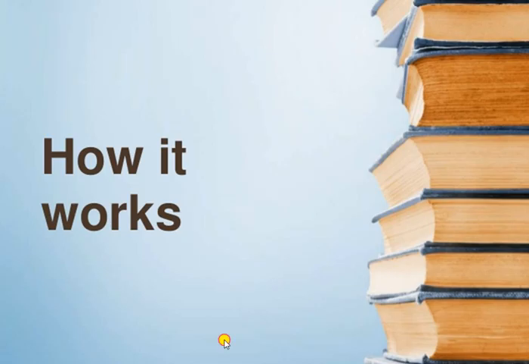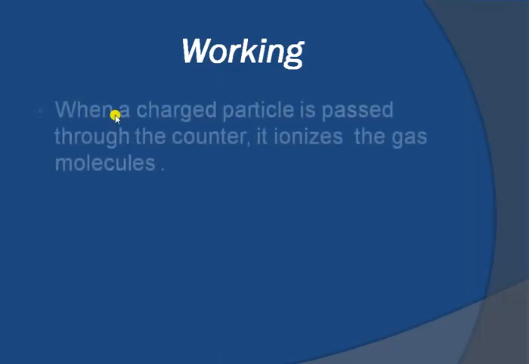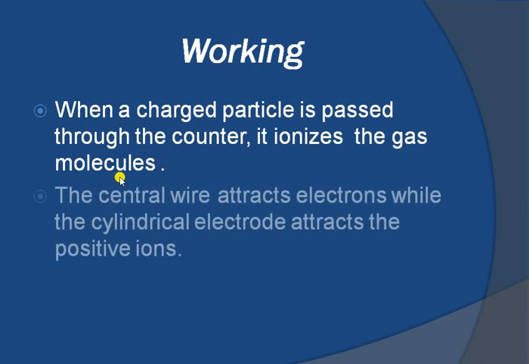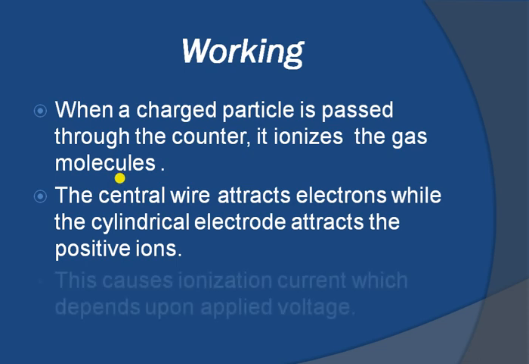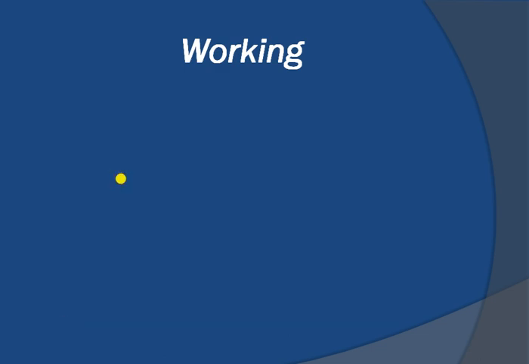Now how it works. When a charged particle passes through the counter, it ionizes the gas molecules. The central wire attracts electrons, while the cylindrical electrode attracts the positive ions. This causes an ionization current, which depends upon the applied voltage.